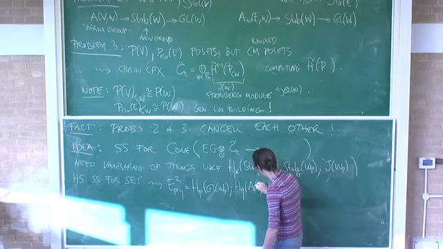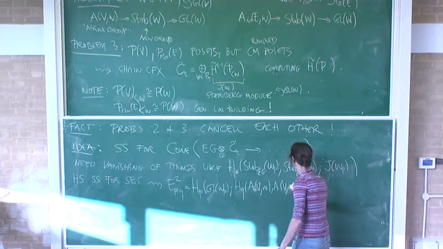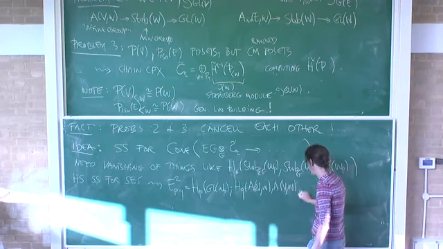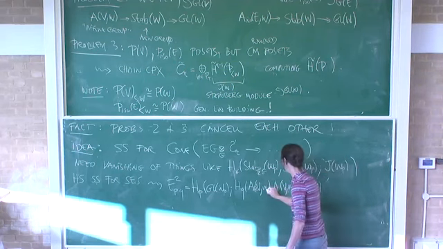This is the suspension V. This is the big V relative to A, the smaller V, W, with coefficients in J, W, P, everywhere.